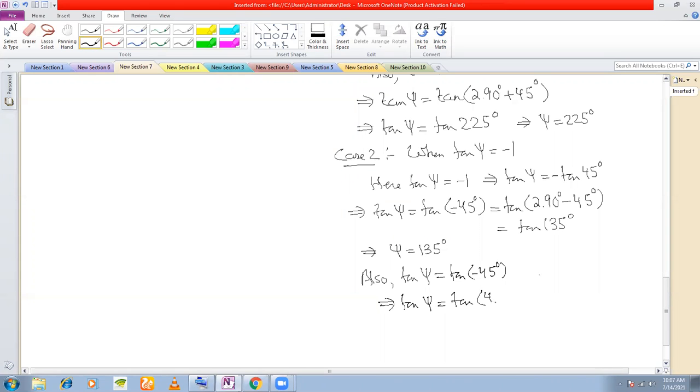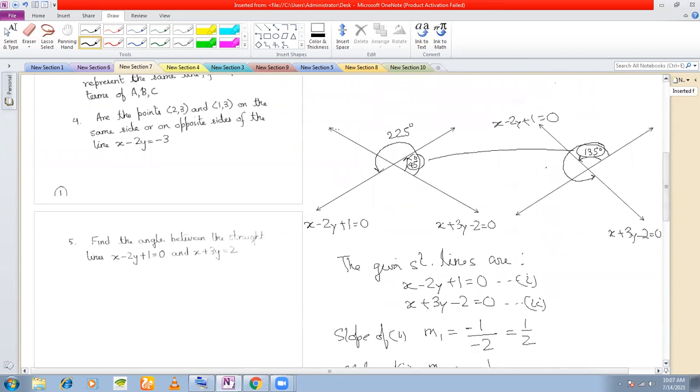Fourth quadrant means 4 into 90 degree minus 45 degree, which is equal to tan of 315 degree. So therefore you get psi is equal to 315 degree. So which angle here is 315 degree? This angle here is 315 degree. Okay, so that's it. These are the four angles that we have got. Any questions on this problem?